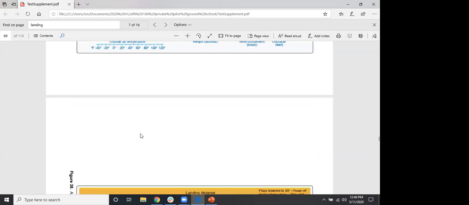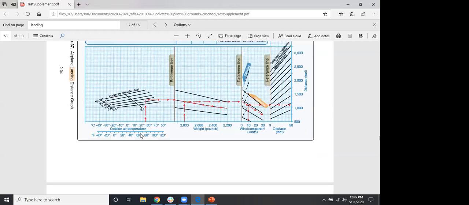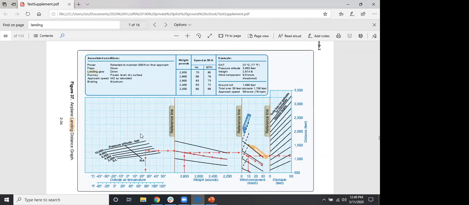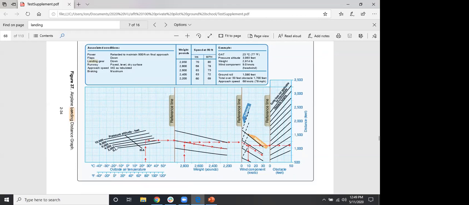And it said, basically with this information given, what would be your takeoff, what would be your landing distance with a 50-foot obstacle?